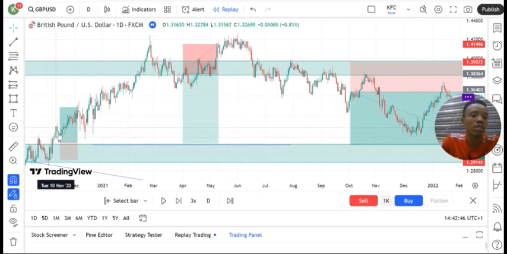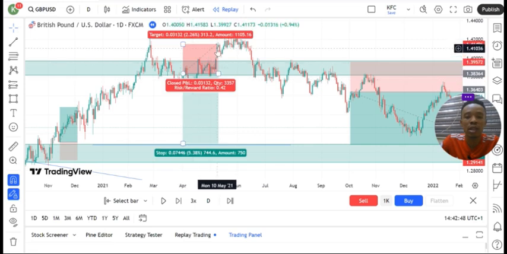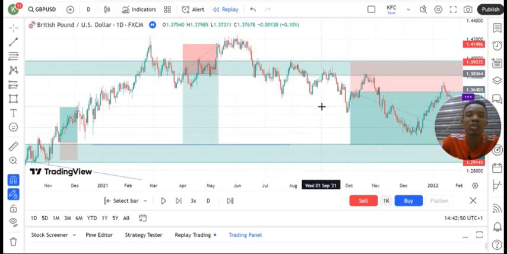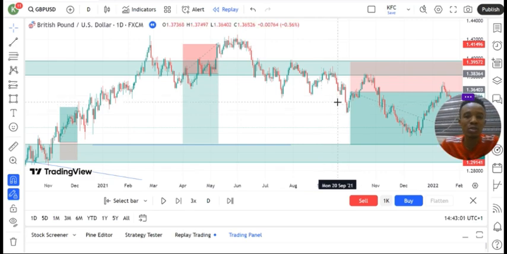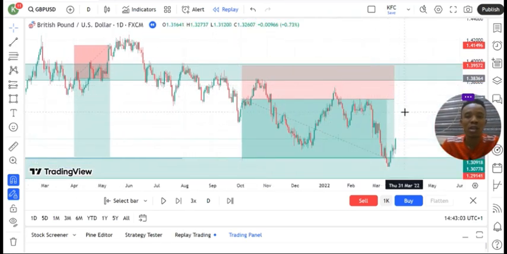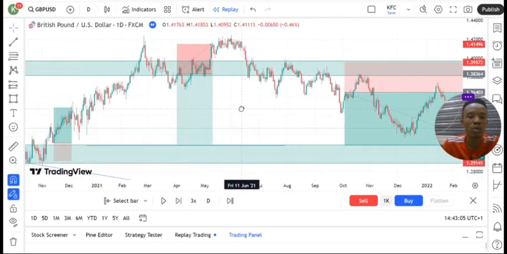If you look at the reward here and the risk here and the reward here, you will understand that the risk to reward ratio has increased the account. Just in case you want to know more on risk to reward ratio, you need to go to my YouTube channel, subscribe, and watch the video I did on how to manage losses and how to do a good risk to reward ratio.